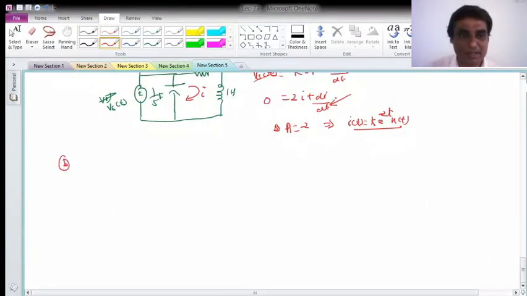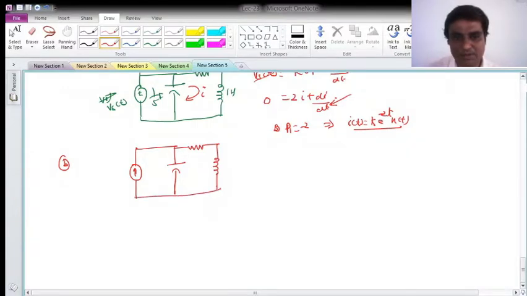If I connect the current source, let us see what the situation is. With the current source, the capacitor is in parallel, then the resistor and inductor are connected to it. Let's say the current source is Is of t, this is the 1/5 farad capacitor, R, and L, and I have to find the free response for i.